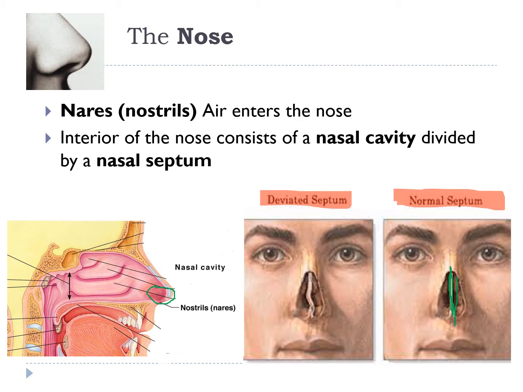And there can be a medical condition called deviated septum, where that bone that goes down the middle of the nose is curved or bent. It's not straight, and that's called a deviated septum. And if the curvature or the bend is significant enough, it can actually interfere with breathing. And so when that happens, the doctor may recommend surgery to repair the deviated septum so that it's straight, like the normal septum.